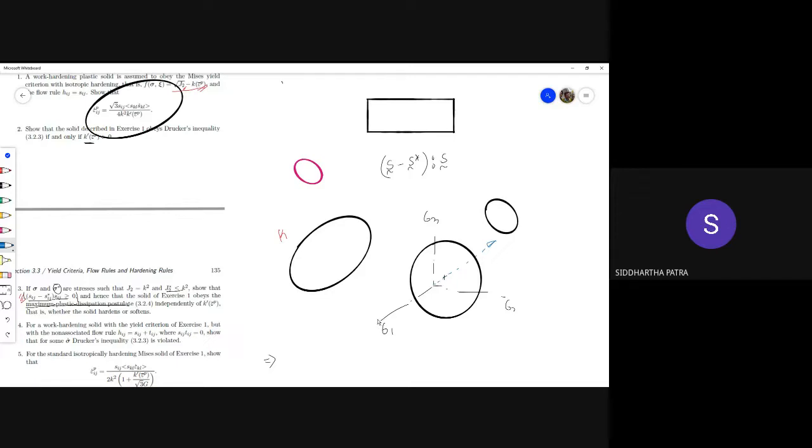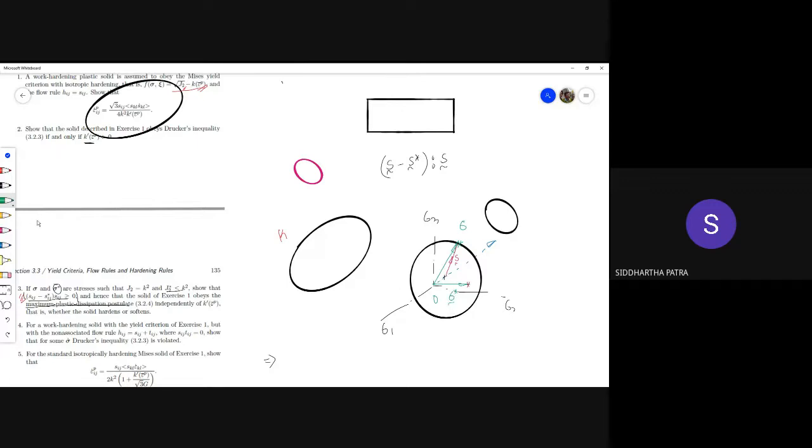Okay, and let's say this is a stress as measured from the origin. But we would be taking the deviatoric stress, which is the S, and some other stress state which is inside the yield surface. So this is the sigma prime, sigma star.